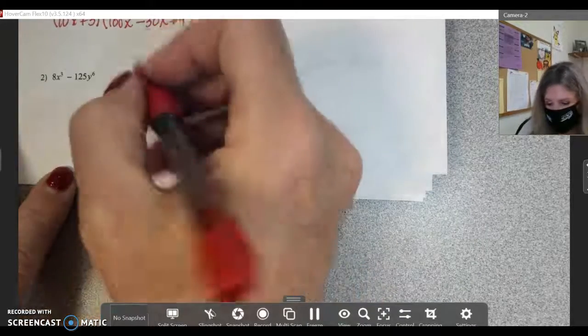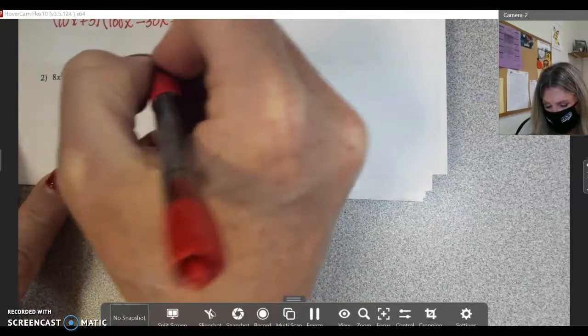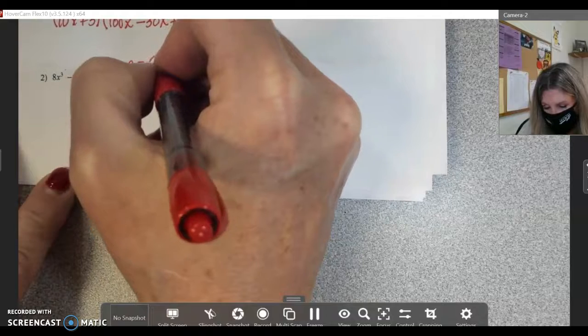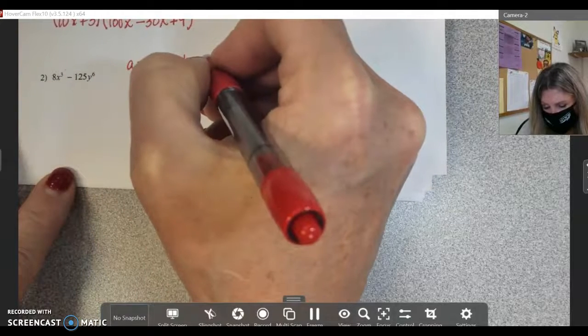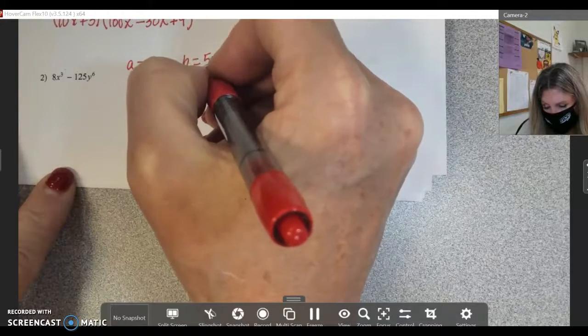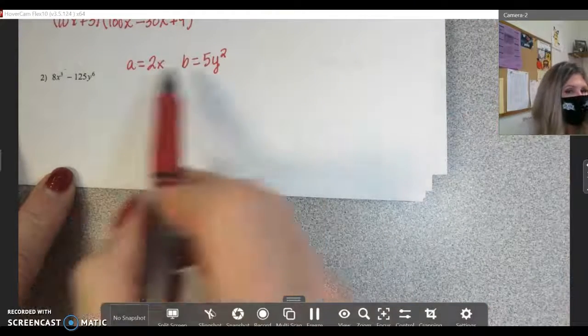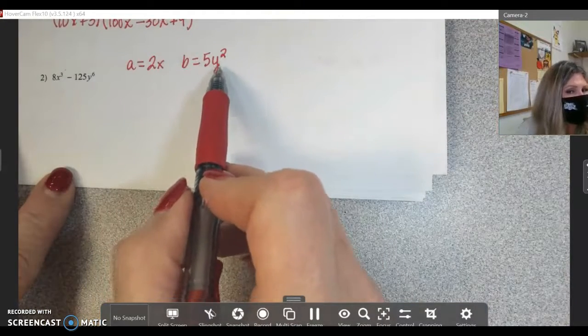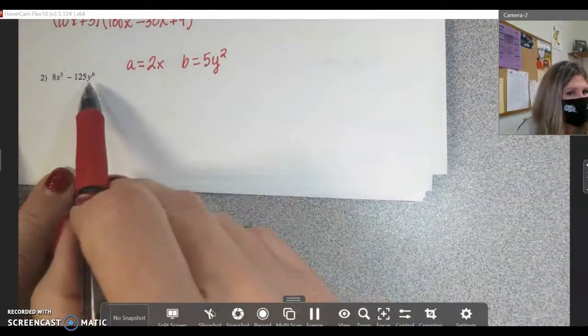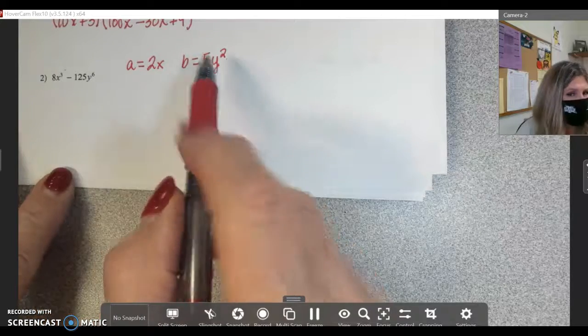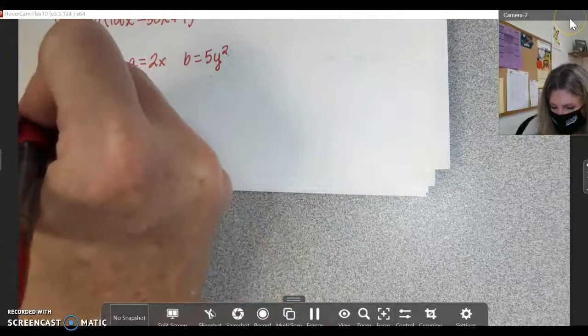All right, let's do this one. What's a going to be? What's b going to be? 5y squared, good. And that's because y squared times y squared times y squared would give us y to the 6th. So that's the cube root. All right, see if you can write it out now.